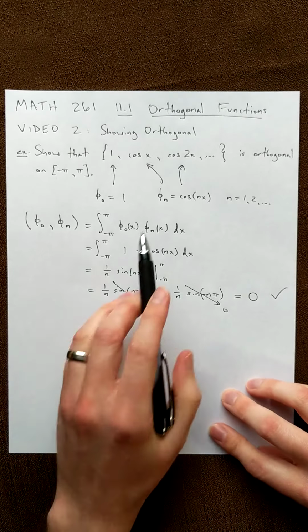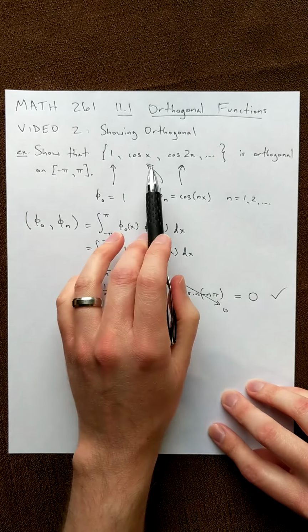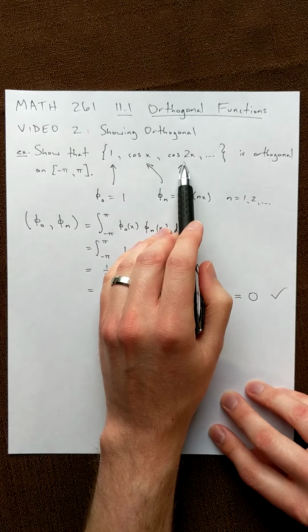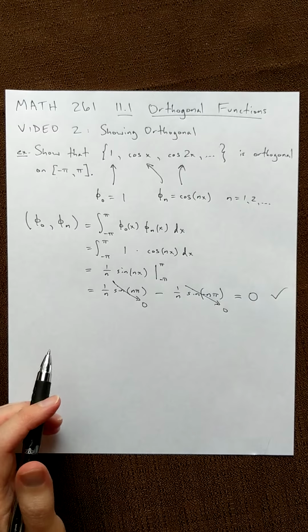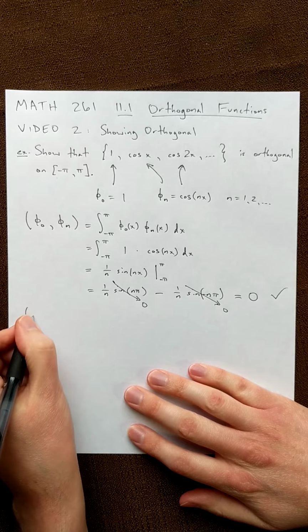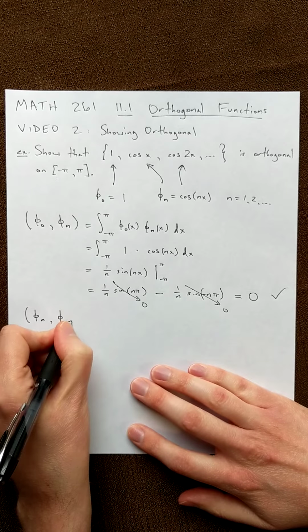Okay, but I'm not done yet because I still have to show that cosine x and cosine 2x are orthogonal. I have to show that cosine x and cosine 3x are orthogonal. I have to show that cosine 2x and cosine 11x are orthogonal. Again, I'm going to try and knock out as many of these at the same time as I can. So I'm going to try the inner product of phi n with phi m.